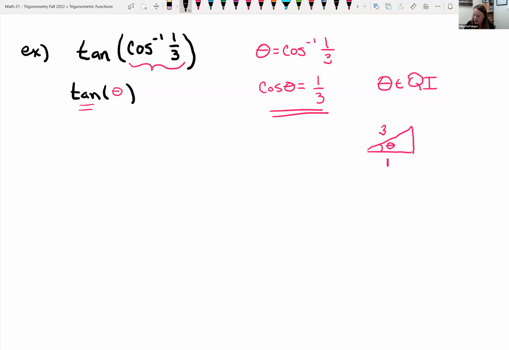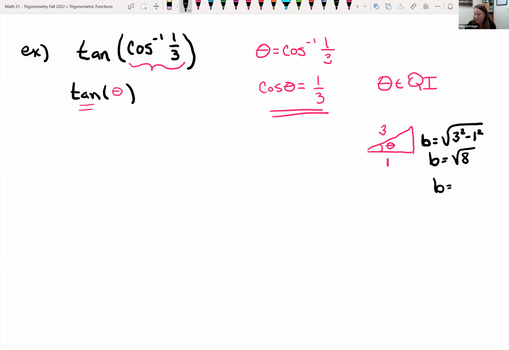And so we know that the opposite side, maybe let's just call it b for now, is equal to the square root of the hypotenuse squared, 3 squared, minus our adjacent side squared, 1 squared. So b is equal to the square root of 9 minus 1, which is the square root of 8.